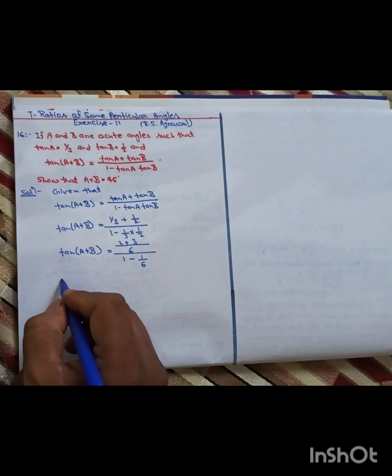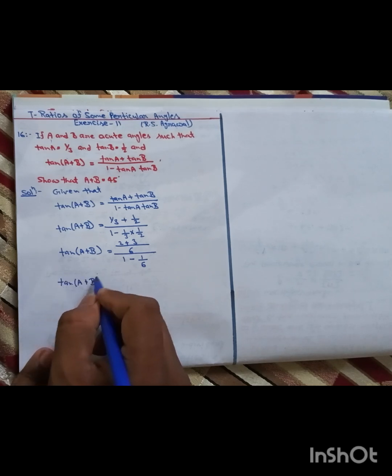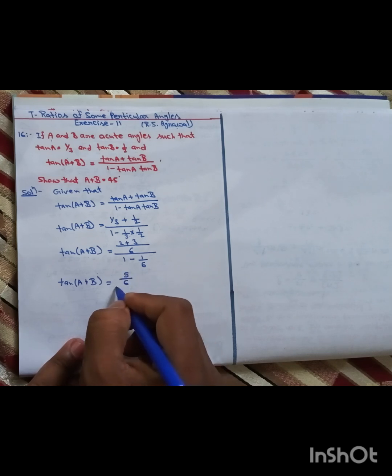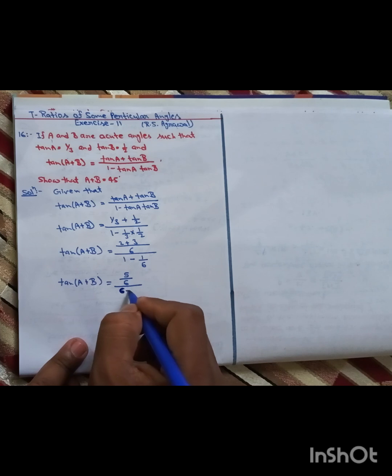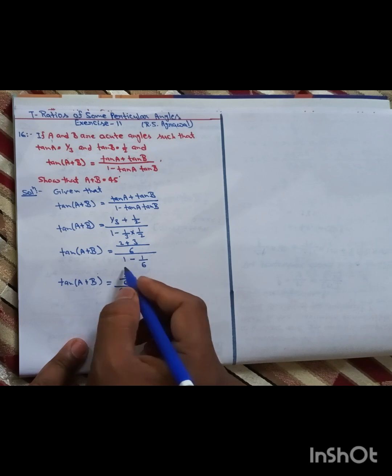Clear? So tan(A plus B) is equal to 5 upon 6 minus 1 upon 6, because the LCM will be 6.